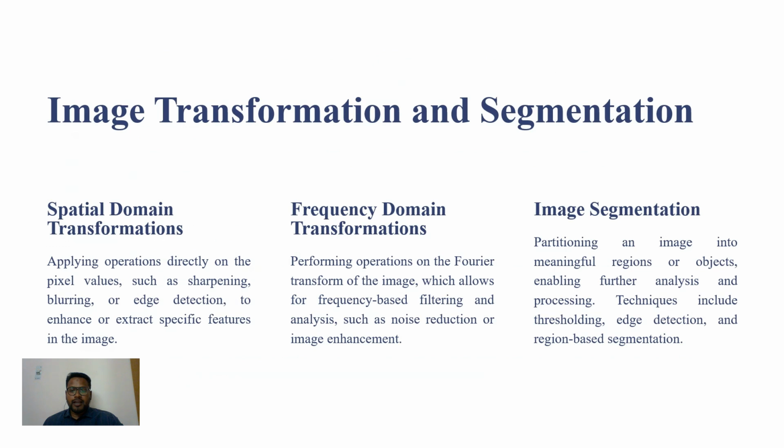Frequency domain transformations are performed on the Fourier transform of the image for tasks like noise reduction and enhancement. Image segmentation is the process of partitioning an image into meaningful regions or objects for further analysis. Image segmentation techniques include thresholding and edge detection.